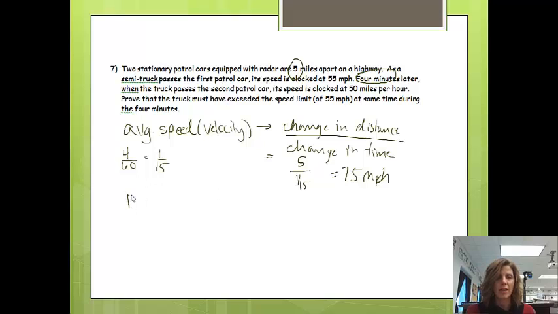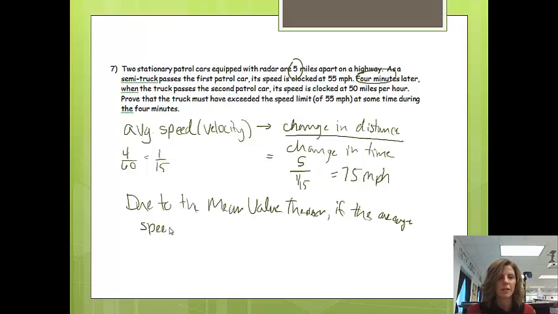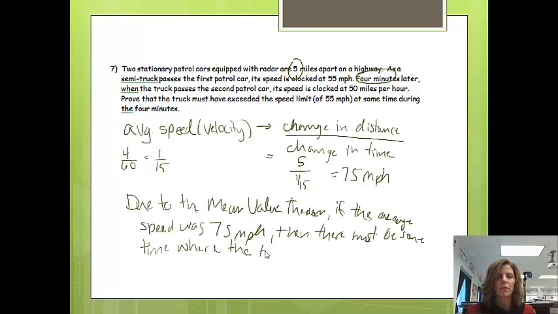So we can say, due to the mean value theorem, if the average speed was 75 miles per hour, then there must be some time when the instantaneous speed, or the truck's actual speed, was 75 miles per hour.